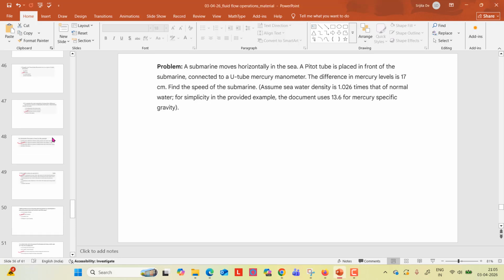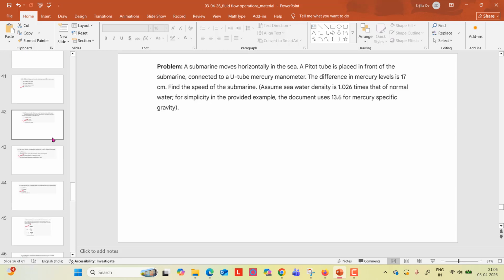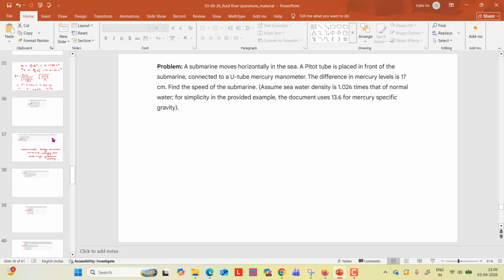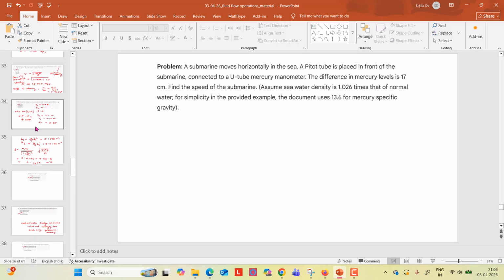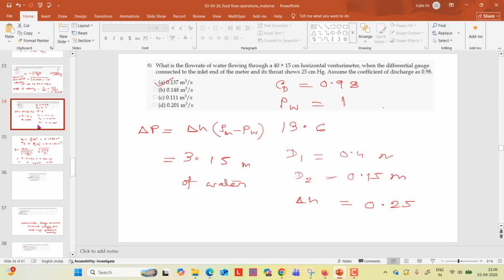Let me go through it once again. This is the problem I'm talking about. Here I have taken specific gravity, but I have written it as density, so it is wrong. It is nothing but 1600 minus 1000, into delta H, which is 0.25.